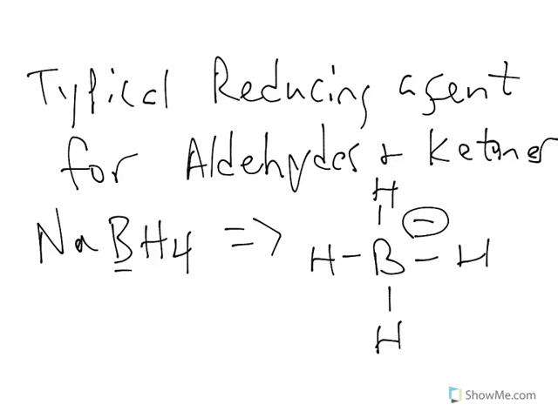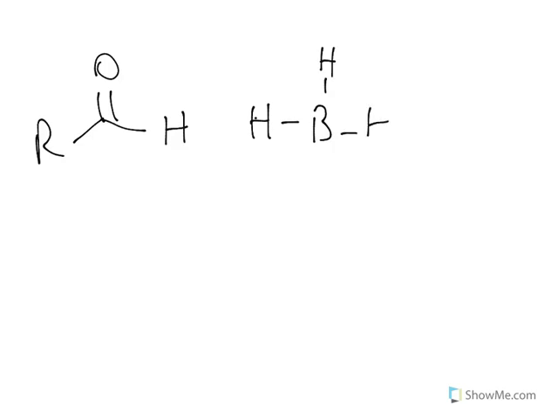All right, so there's the Lewis structure of the BH4 anion, and that's what we're going to use to reduce our aldehydes or ketones. So let's take a look at an aldehyde, and we're going to take sodium borohydride, and I'm going to leave the sodium off to the side here.